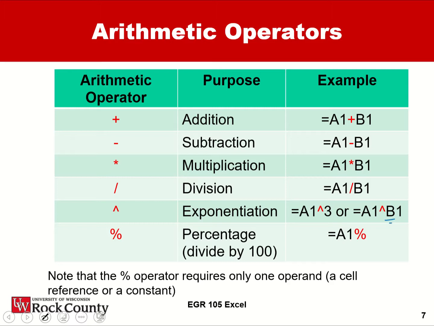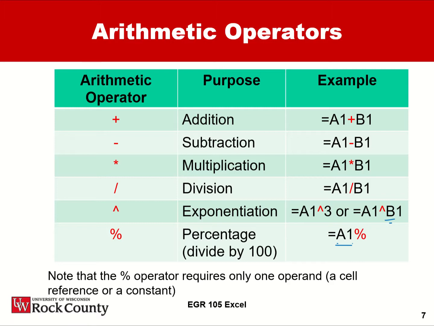It could be any variable we want. And then last we have our percentage, which is just to divide by 100. Note that this percentage operator requires only one operand, a cell reference or a constant. So here it's just referencing A1, and it's going to divide it by 100.